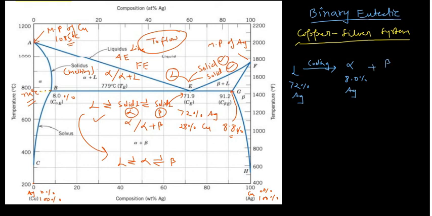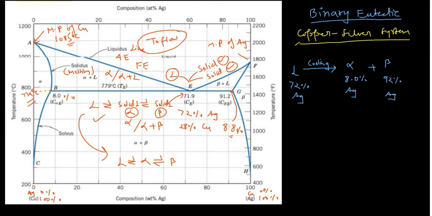And you know what is the beta phase? Beta phase is nearly 92 weight percent of the silver. So this thing you can have if you cool the system.